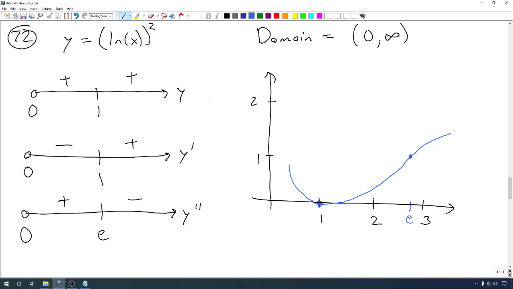Now, to actually finish our graph, we might want to know what's happening around 0. Does it approach a limit? Is there a point on our y-axis that it approaches or not? How should we know? Well, we can look at limits. What is the limit of the natural logarithm of x squared as x goes to 0, specifically from the positive side? We can't talk about the negative side. Well, what is the natural logarithm doing?